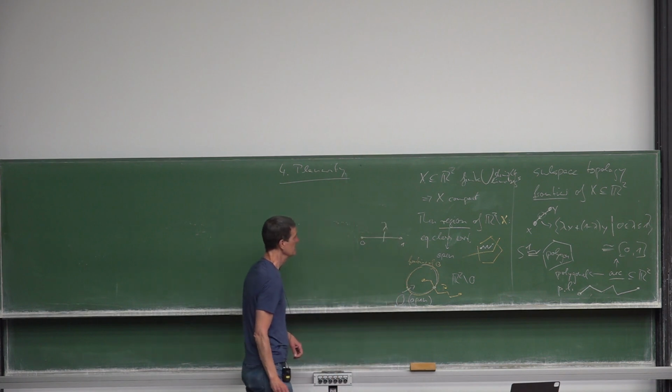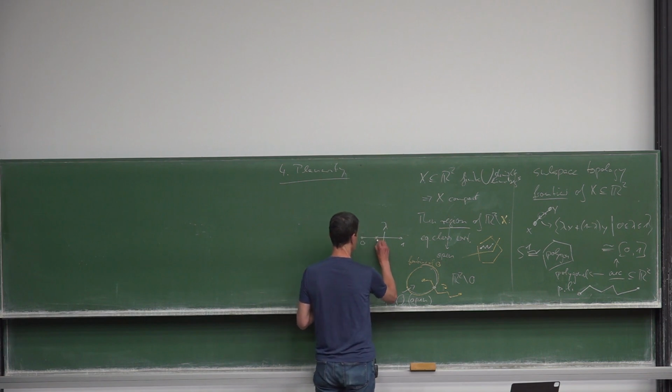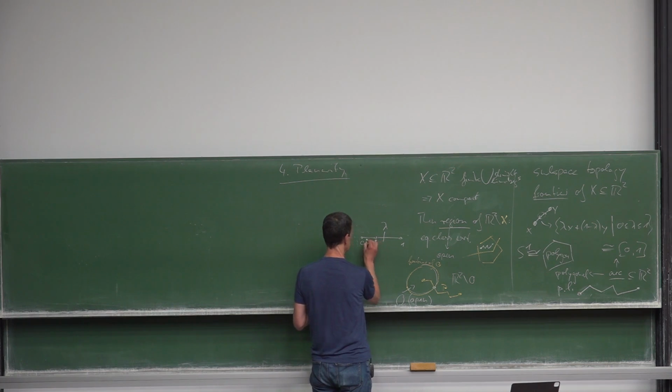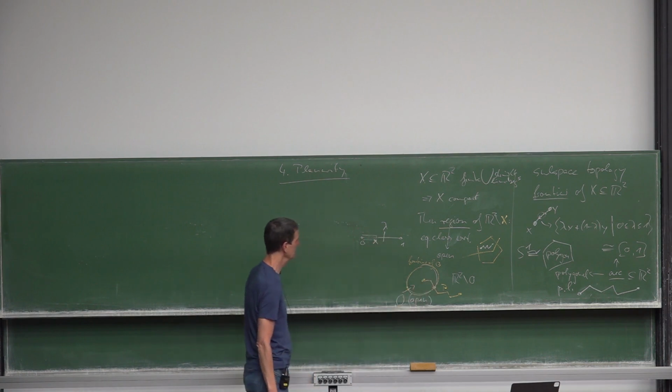Why does this homeomorphism map this particular supremum of all these little x's, such that this interval maps to O, to the boundary of this?